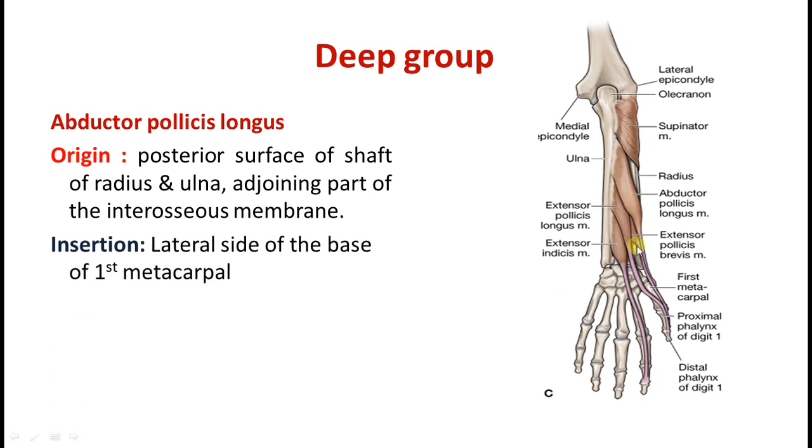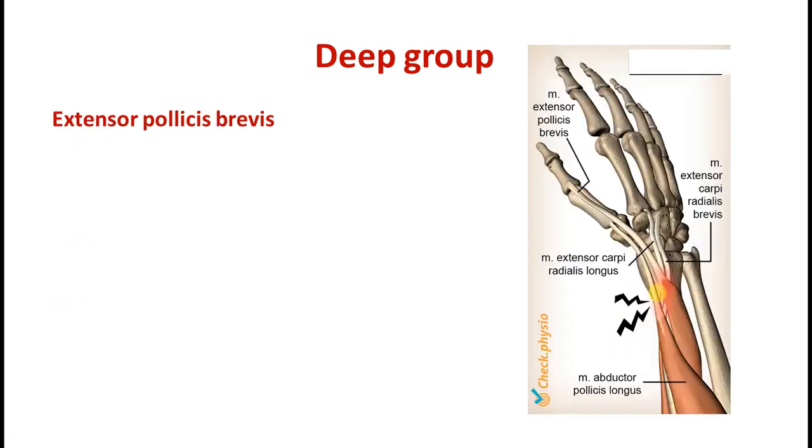It is inserted into the lateral side of the base of the first metacarpal. It abducts and extends the thumb. The nerve supply is the posterior interosseous nerve.